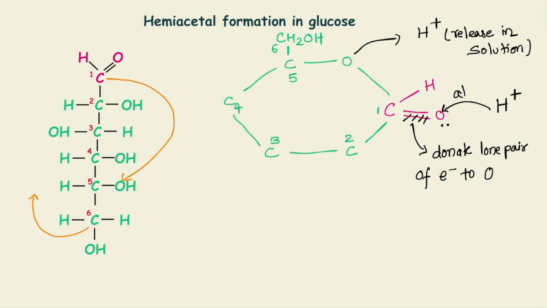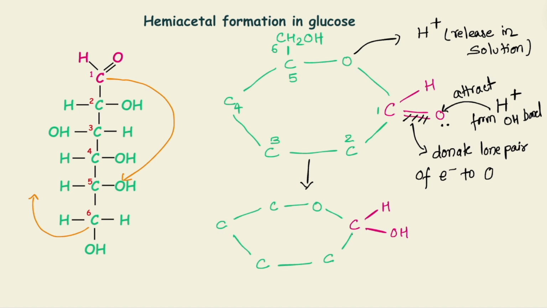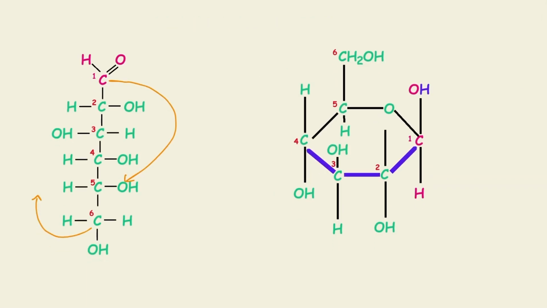The bond formation of the oxygen atom of C5 with C1 results in the release of one electron group. Due to this bond formation, the double bond of the carbonyl group breaks down into a single bond and the oxygen again gets a lone pair of electrons. This lone pair of electrons of the oxygen attracts a hydrogen from the solution and forms the OH or hydroxyl group.